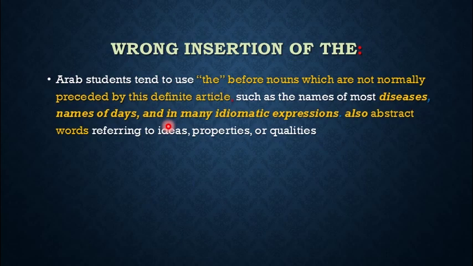For example, the disease diabetes, هو مرض السكر. In English we don't say "the diabetes", we just say "diabetes". So this is what happens.